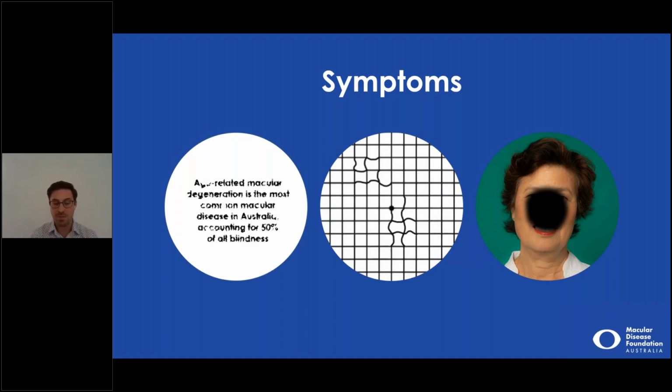Now, the third symptom is that part of your central vision appears missing, blurry, or even black. And people often have difficulty recognizing faces or facial expressions. It doesn't always have to be as severe as you see on the case up here.